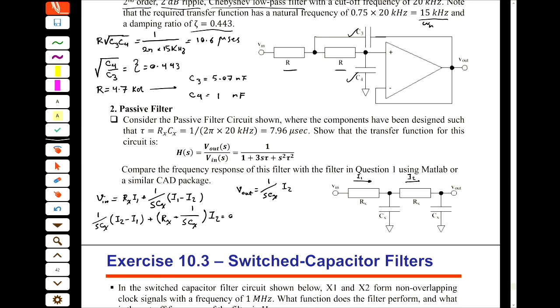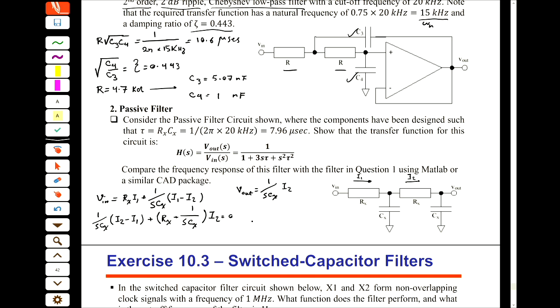And out of these three equations, I find I1 here and replace it here, and then I find V in based on I2. I know V out based on I2, and then I can find V in based on V out. Okay?